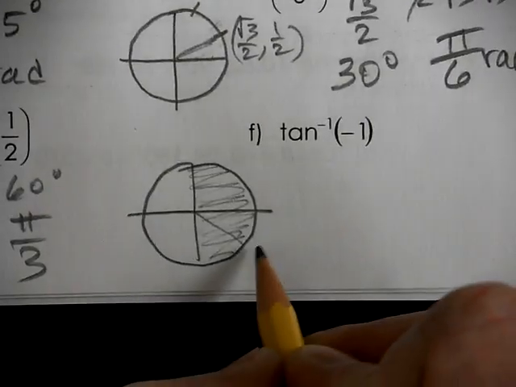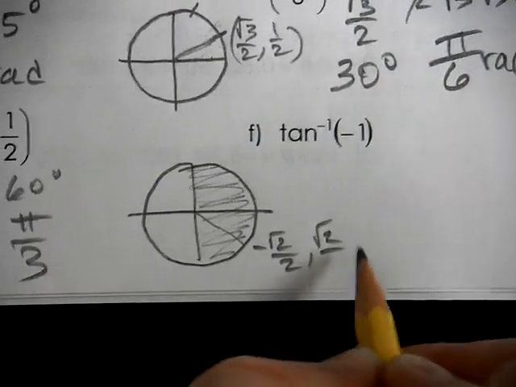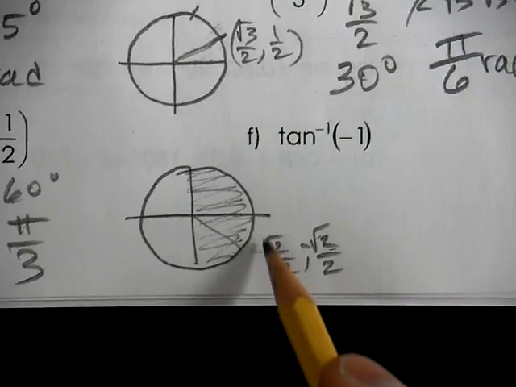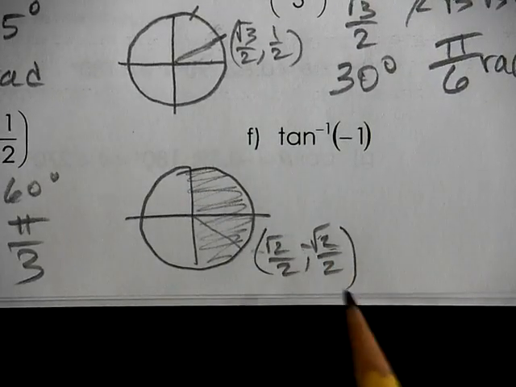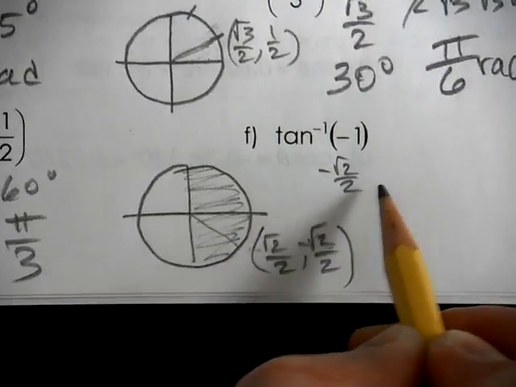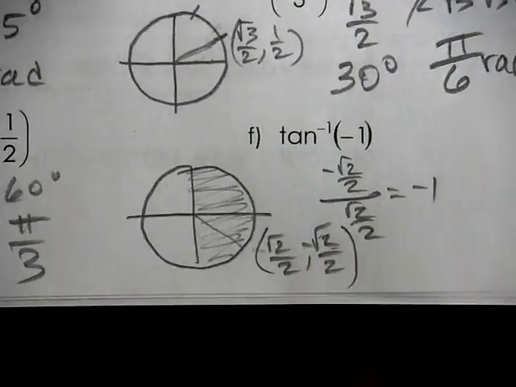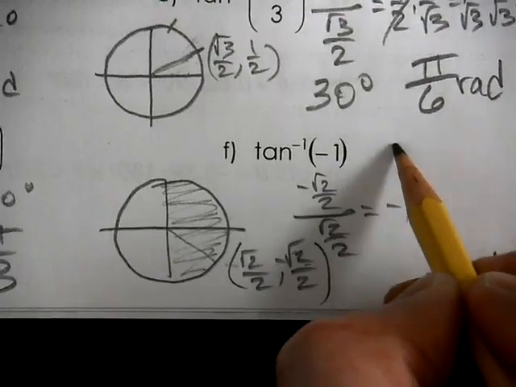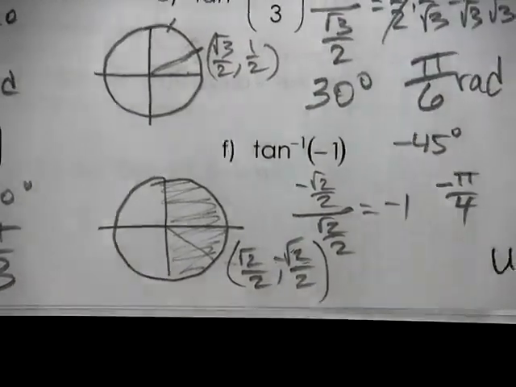The only way to get a value of 1 when you're dividing is when we divide the same thing, and that has to be root 2 over 2 and root 2 over 2. So negative root 2 over 2 divided by positive root 2 over 2 is a value of -1. So that happens at negative 45 degrees and negative pi over 4.